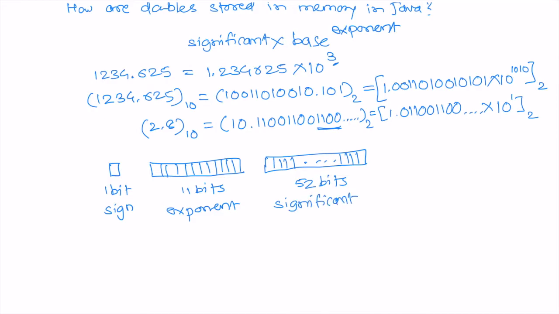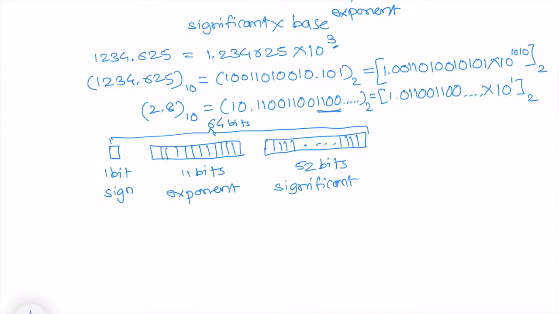So in total, these bits are 64. And also, if you look at this representation, you only need to store the significand and exponent because we know what the base is going to be. That's why in the memory representation, we only have the significand and exponent being represented.